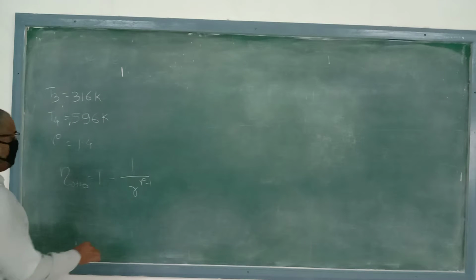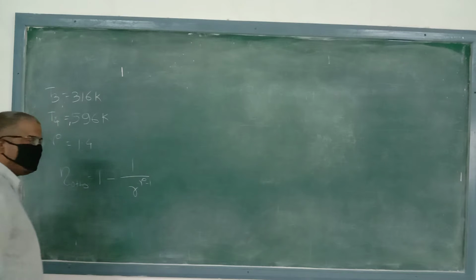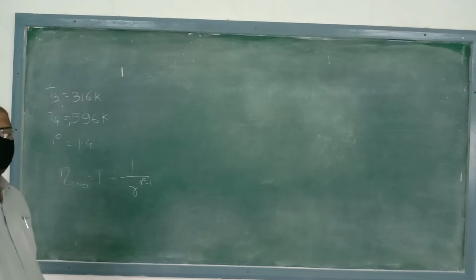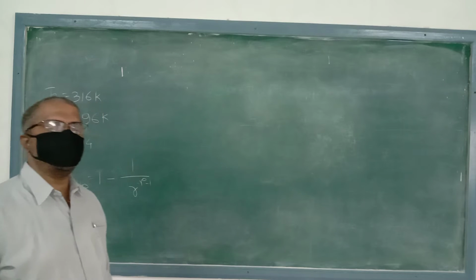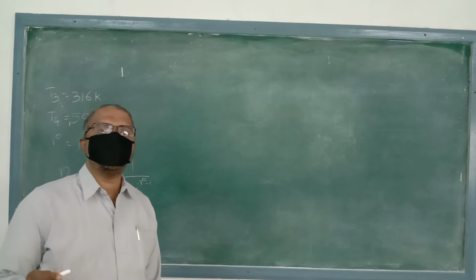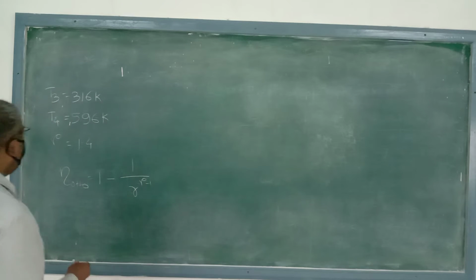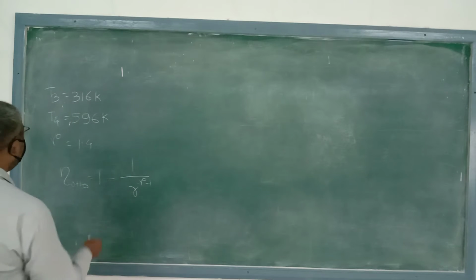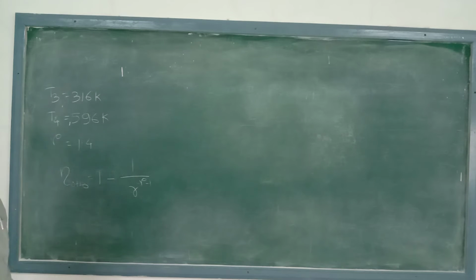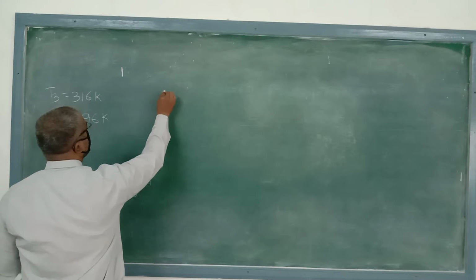So in this problem, they have mentioned the value of gamma, but the value of r they have not mentioned. So we have to find the value of r, or compression ratio. So how we are going to find? Only they have given temperature ranges of isentropic compression during this 3 to 4 process.